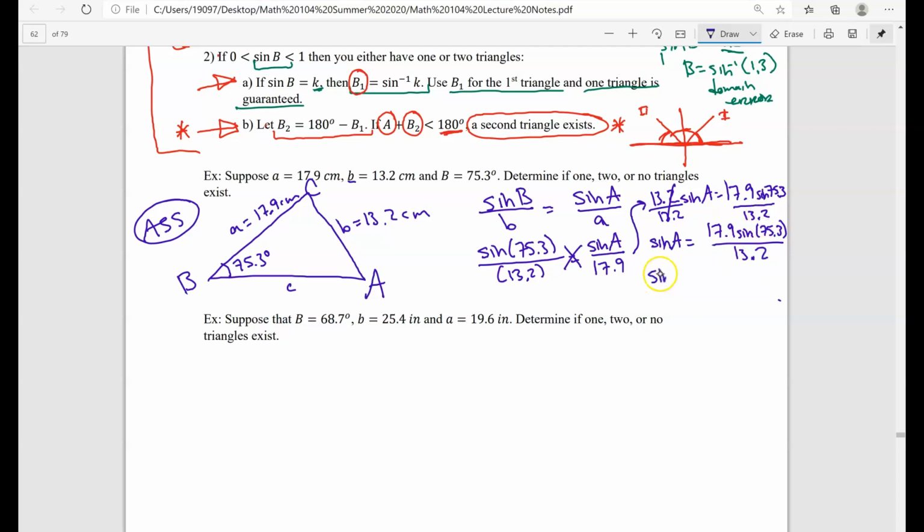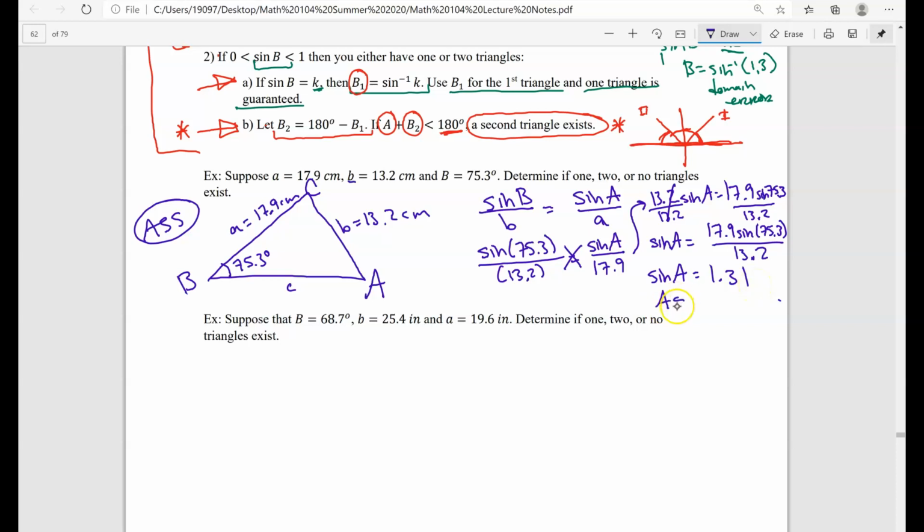Let me put that into the calculator: 17.9 sine of 75.3 divided by 13.2. What you get is 1.31. So already you can stop there, because you can see that this exceeds 1. You already see that there's going to be no triangle.